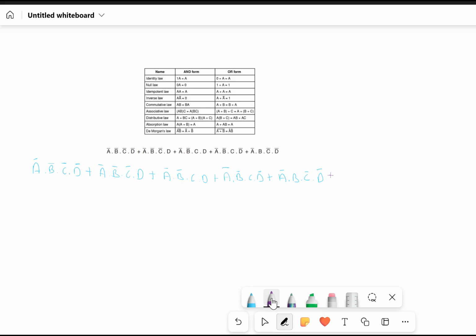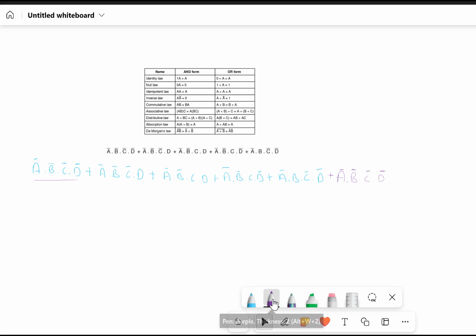And what I'm going to do is duplicate this first term. This actually makes no difference to the end result, so it's not going to change how the circuit works. But what I can do now is the following.